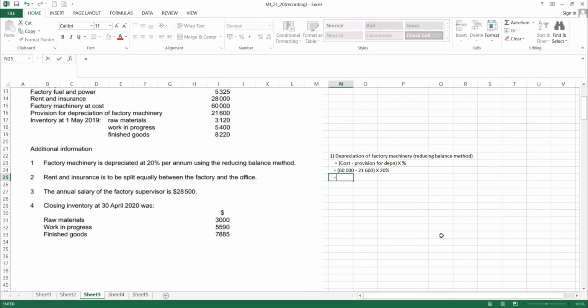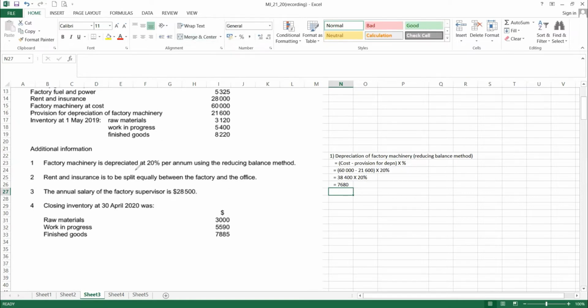So 60,000 minus 21,600 is 38,400, times 20%, which is 7,680.